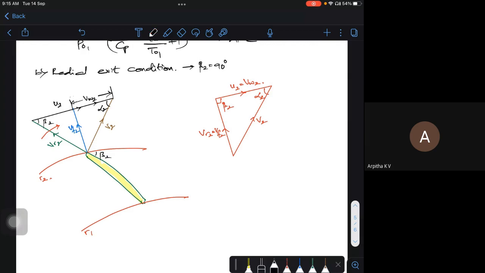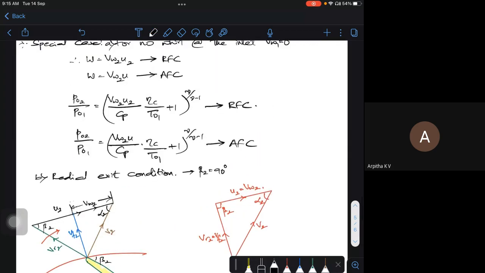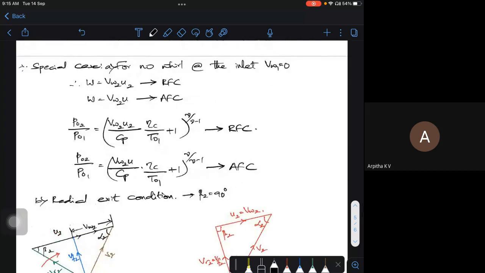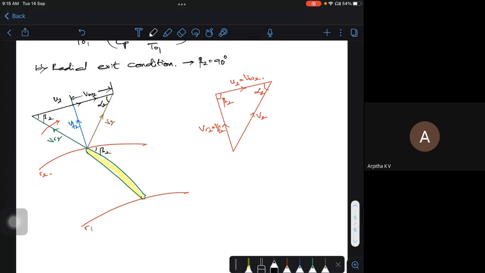So what will happen under these conditions? For a no whirl condition, VW1 is equal to 0. So the second condition is for no whirl and radial exit. What will happen? My VW2 is equal to U2.